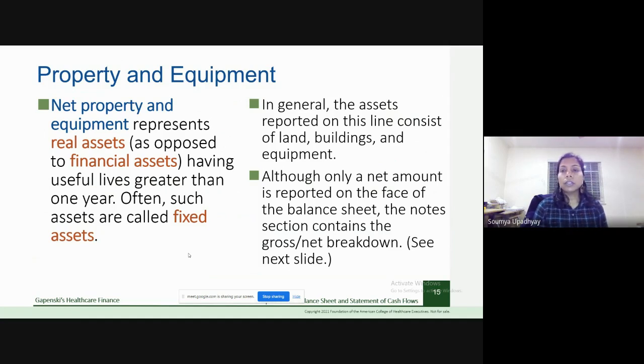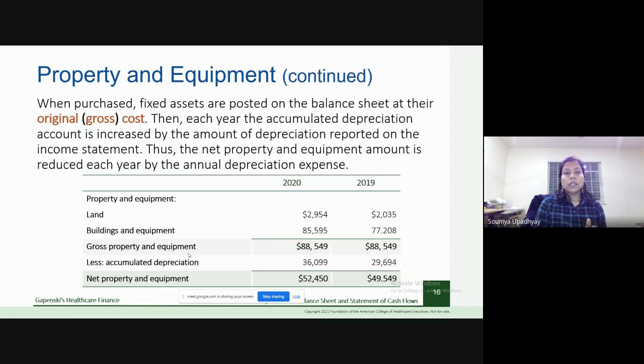In general, the assets that are reported on this line consist of land, building, and equipment, like I just told you. Only a net amount is reported on the face of the balance sheet. If you have a note section that goes with your balance sheet, then you can break it down over a period of years. When fixed assets are purchased, they are posted on the balance sheet at their original cost.